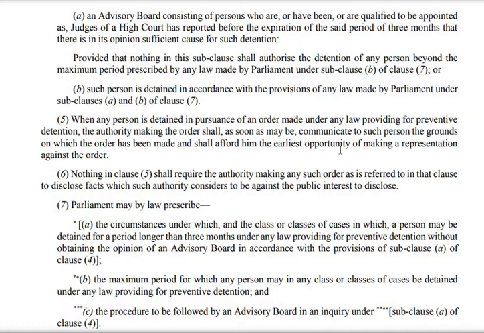As soon as may be, you have to tell him the grounds of his arrest, and at the earliest possible opportunity you have to give him the right to make a representation against the order. Representation means consult your lawyer, or maybe you can go for a writ of habeas corpus in the High Court, or maybe you make a representation to the higher authorities.